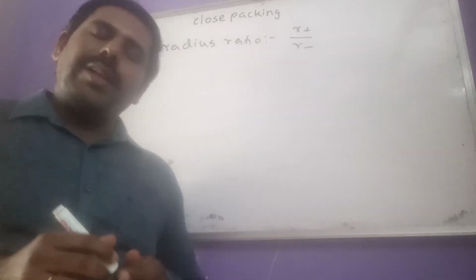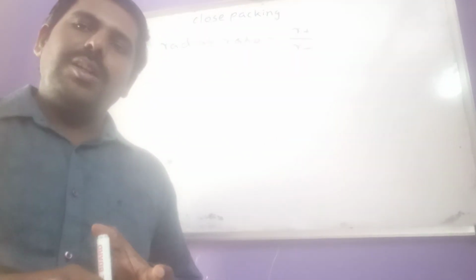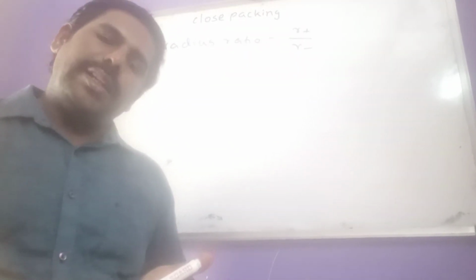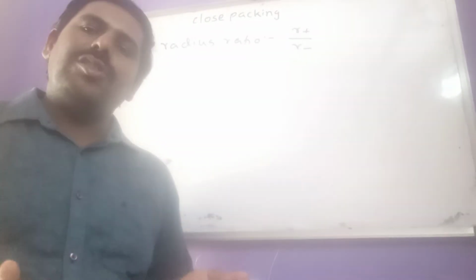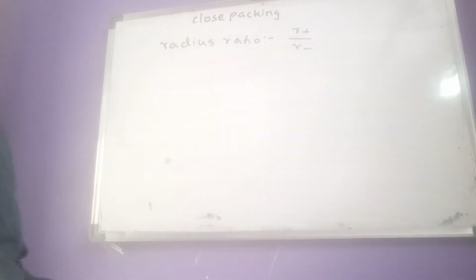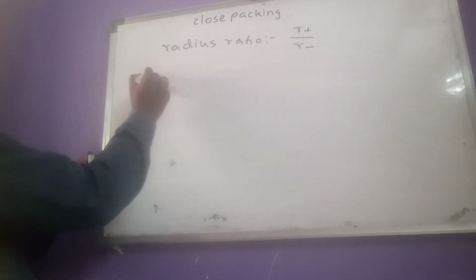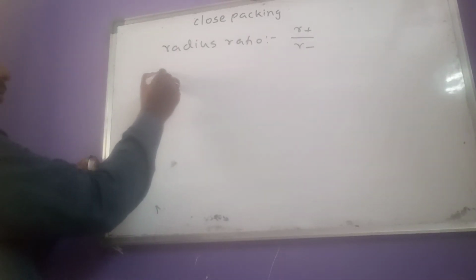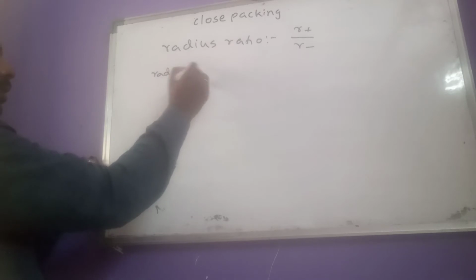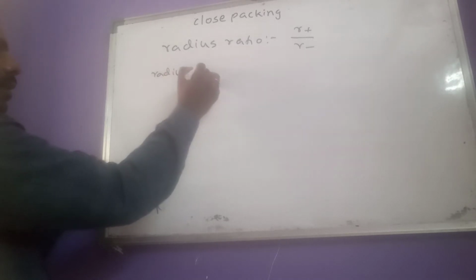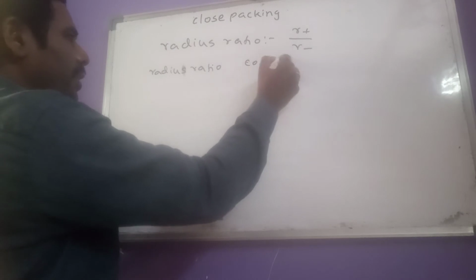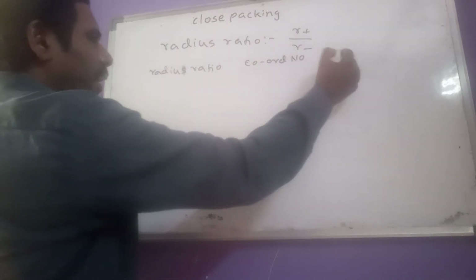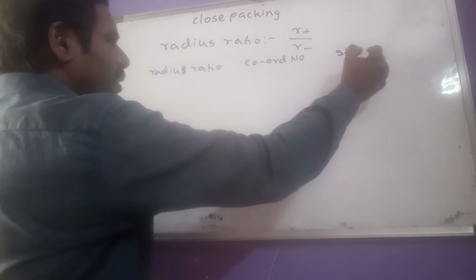Based on that radius ratio one can determine the coordination number of any crystal and also its structure. First I write radius ratio, then coordination number, and another one structure.